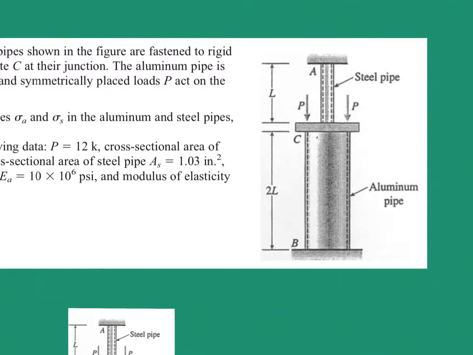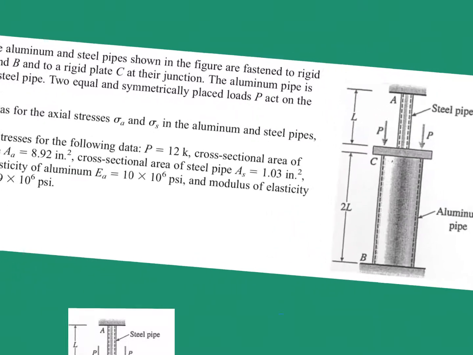So let's begin. Here we have a two bar assembly. The first segment is made of steel and the second segment is made of aluminium. It is rigidly fixed at these two points, and if you read the problem very carefully, I will show you the whole question in a while.